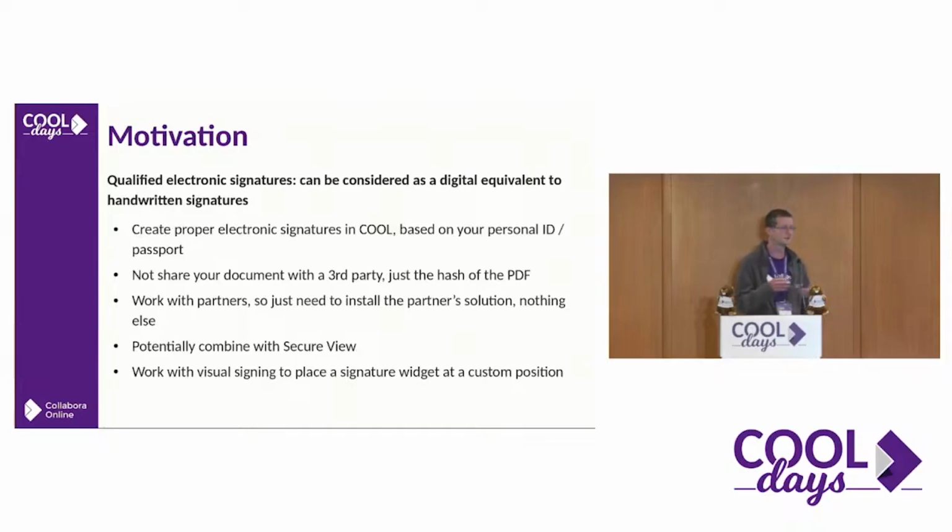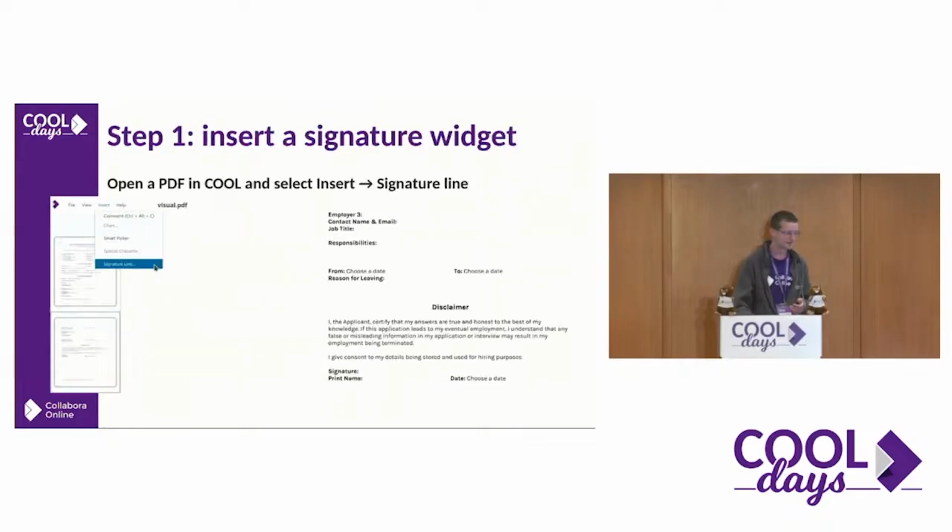It might not be on the first page, it will be definitely on some custom position. So that's a use case where what you see is what you get, editor is nice, and that's something we can provide. So that's again yet another aspect where Collabora Online is a good fit to use it for PDF signing. So that's basically how we started.